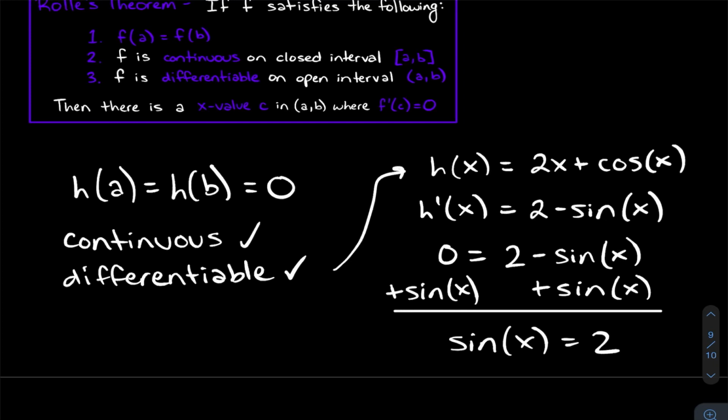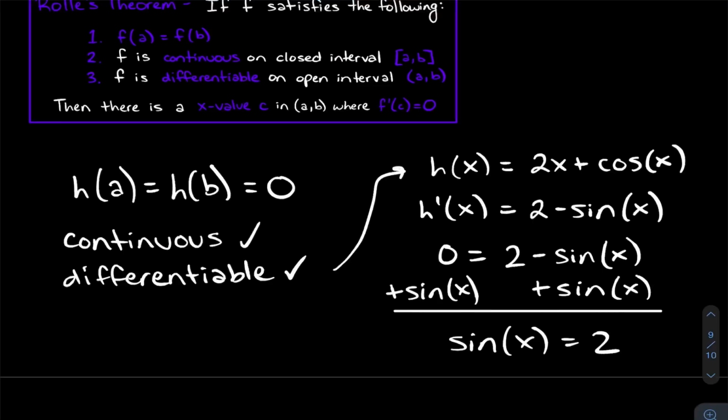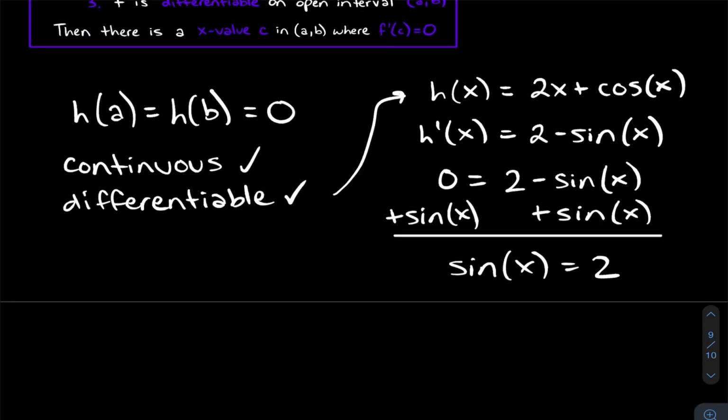And hopefully you can see at that point that no, that's not going to happen. Sine of x cannot be 2. It's between -1 and 1. So no output of sine can be anything that's not in between -1 and 1. So we can see here that there is no solution.